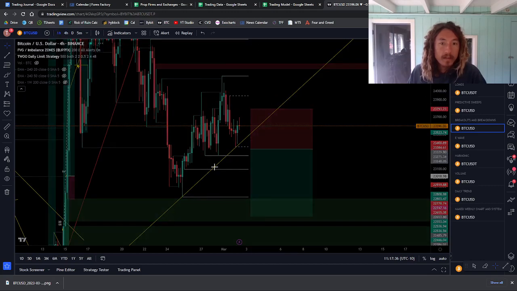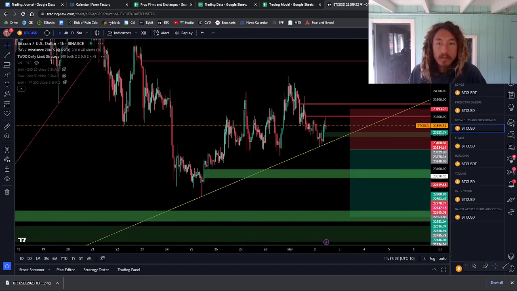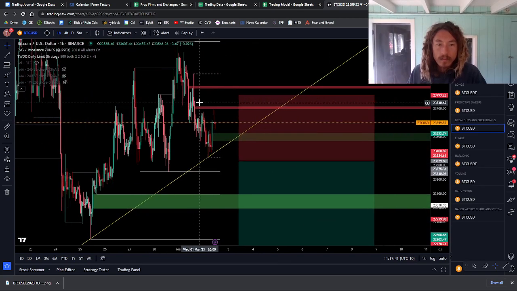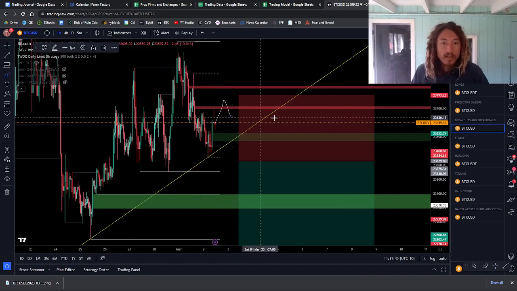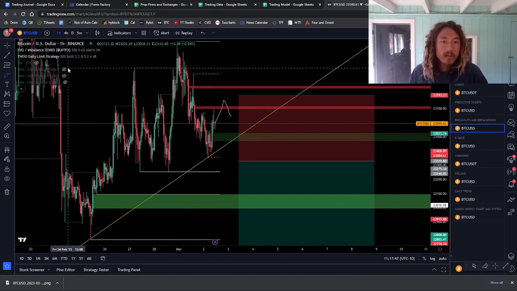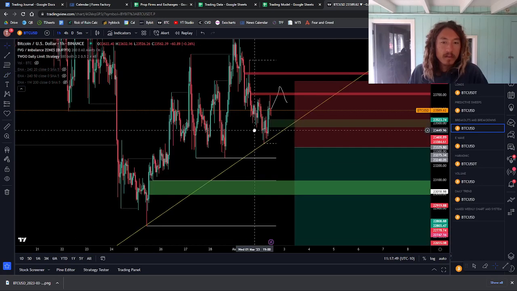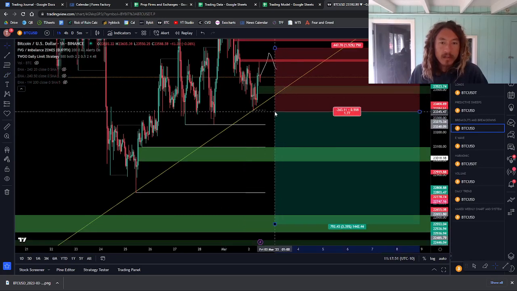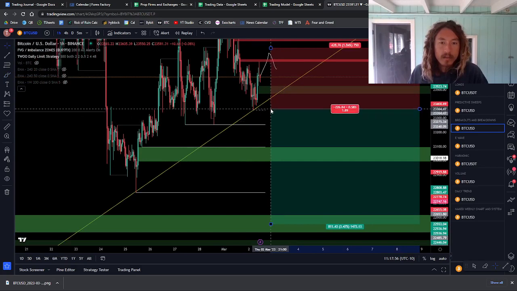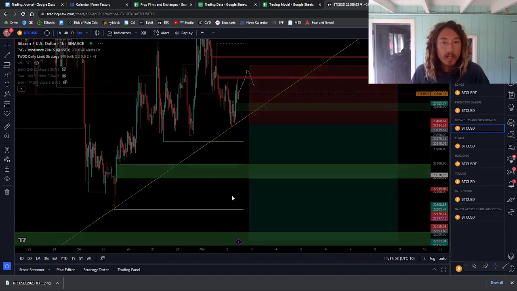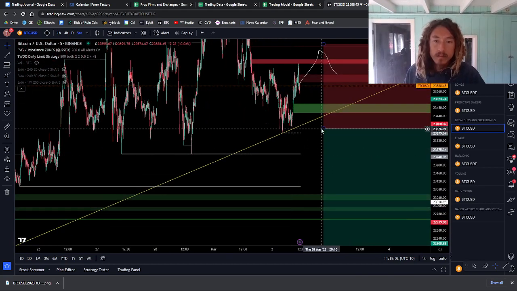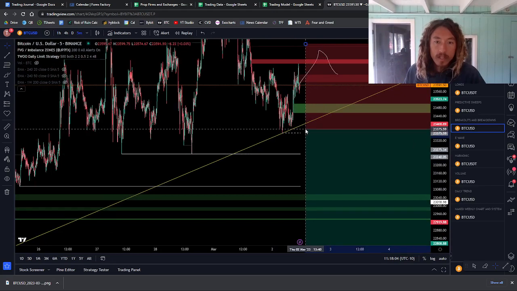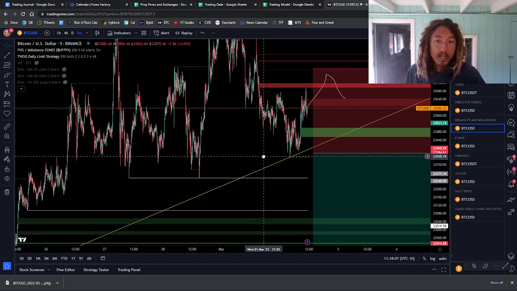I would really like to see price come take this first. It seems okay to me. Going just underneath this one. Or just within even might be good. Just within this wick. I kind of like that actually.